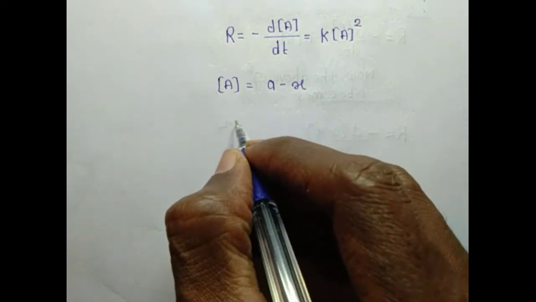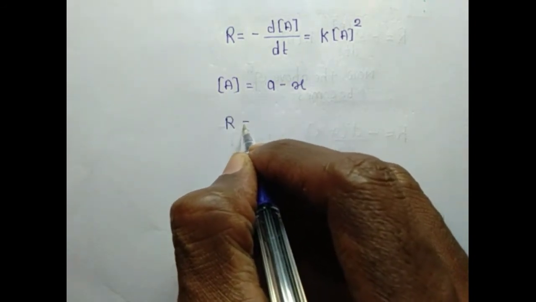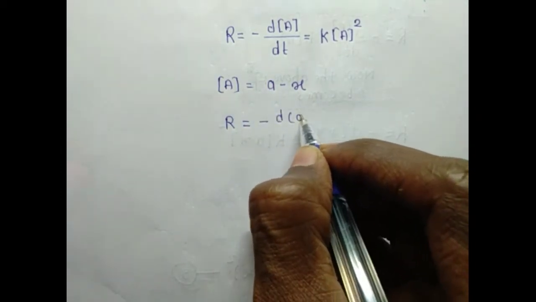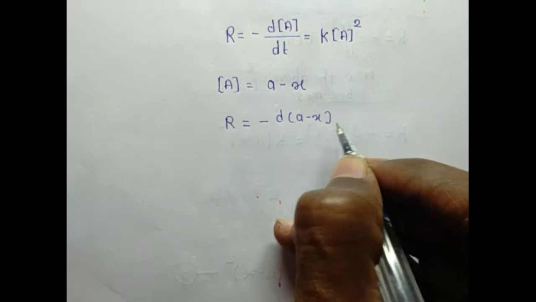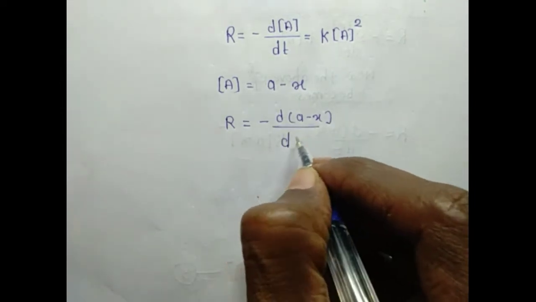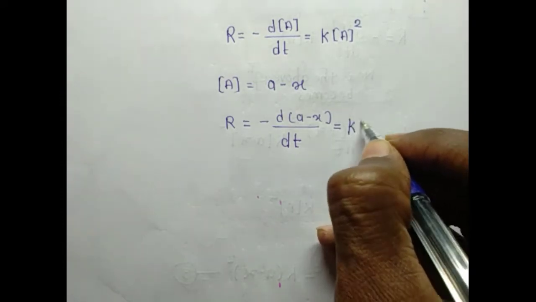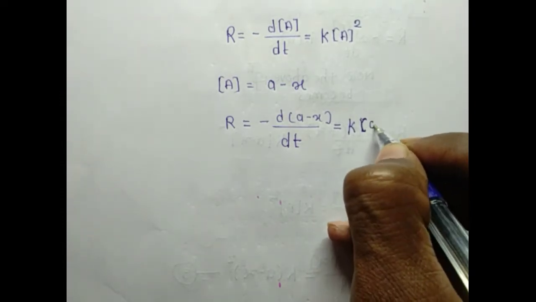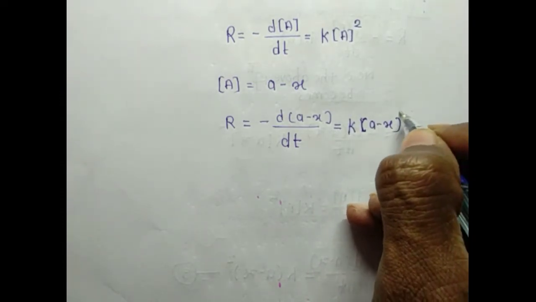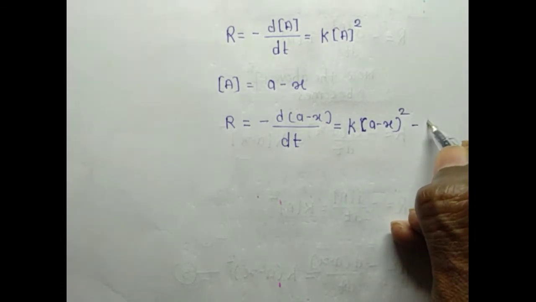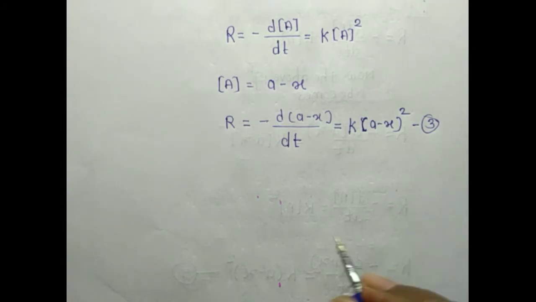Now we write that R is equal to minus change in concentration of reactant A, that is minus d(A minus X) upon dt, is equal to K times the concentration (A minus X) squared. This is our equation number 3.